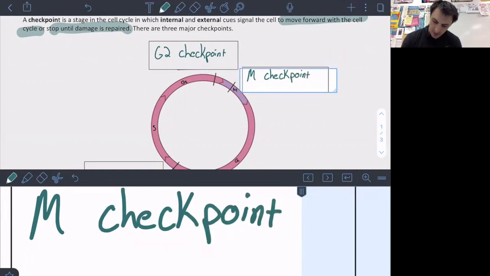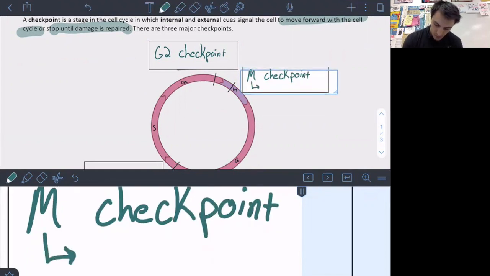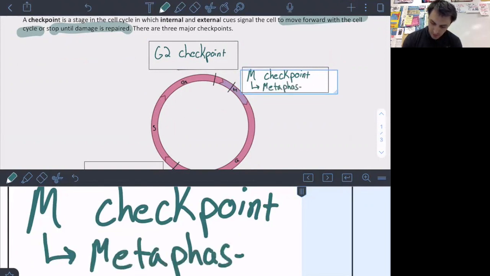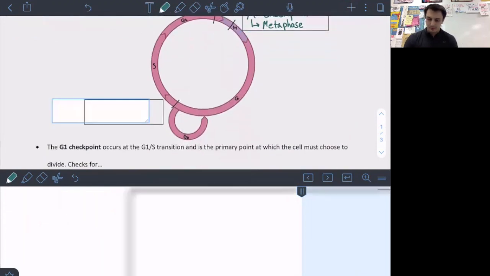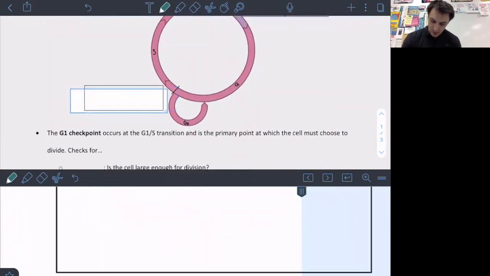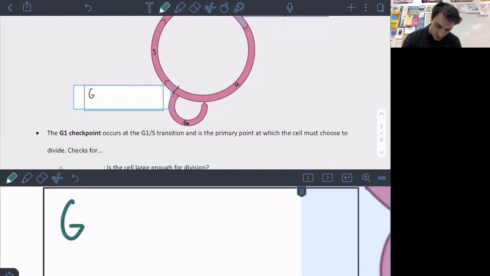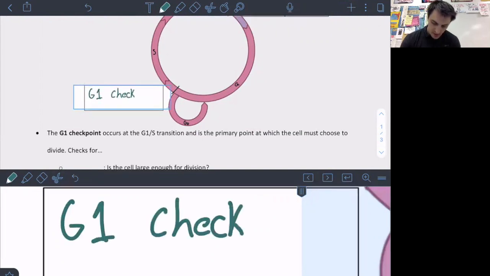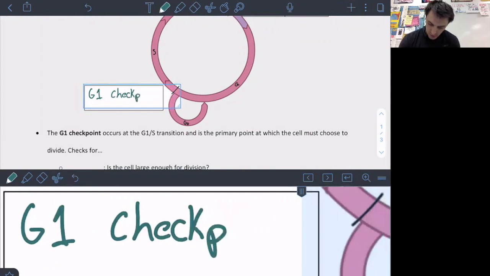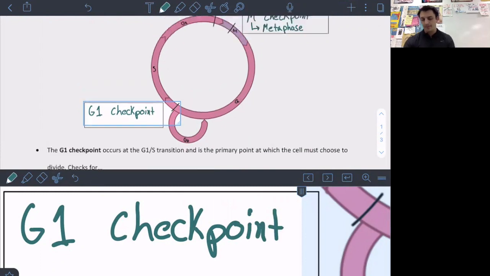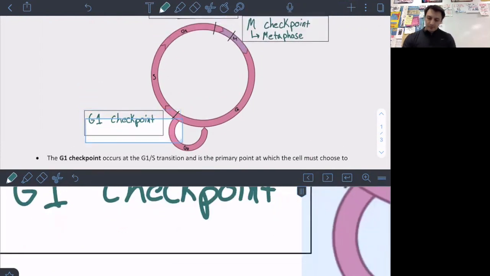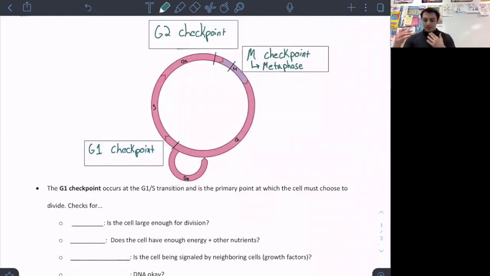Most specifically, we're looking at metaphase within mitosis. And then the third one would be our G1 checkpoint, sometimes called the G1/S transition. Now, we'll be looking at the G1 checkpoint first.